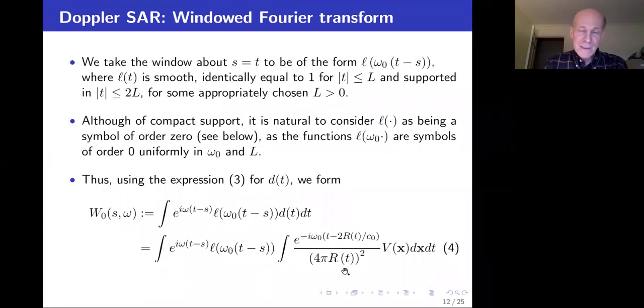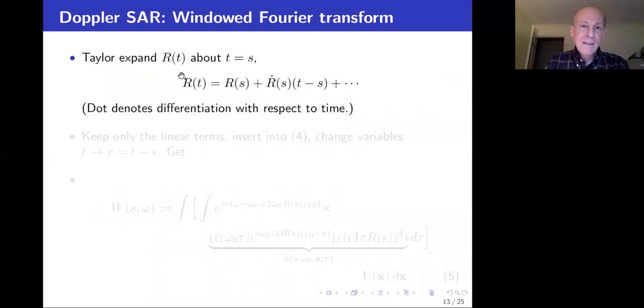Now there's also an r of t in the denominator, but as I said before, that's not so important. That's a nice smoothly varying function and therefore can be put into the amplitude. So we Taylor expand that r of t in the phase about t equals s, and we just use the first two terms, the linear terms, and we'll always use a superscript dot to denote differentiation with respect to time.